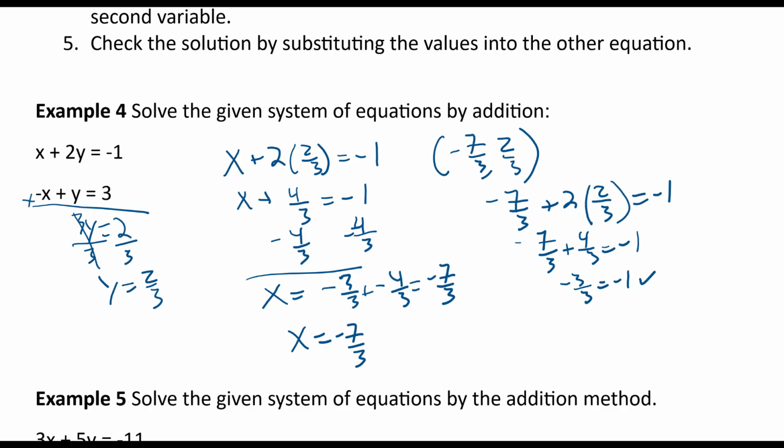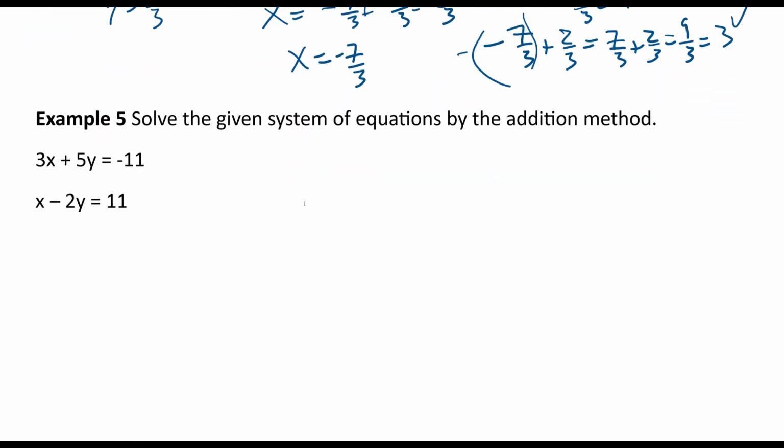Try the other one: -7/3 plus the negative of -7/3. Plus 2/3. So that's positive 7/3 plus 2/3 is 9/3, which is 3. Hey, that worked out. So that is the solution.